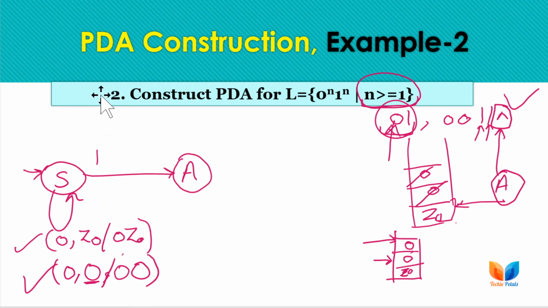For every 1 received, we must have 0 on the stack top, because if we are getting 1 we surely have 0 on the stack top, otherwise the string must be rejected. So for every 1 we replace 0 by null, meaning we are performing the pop operation here.